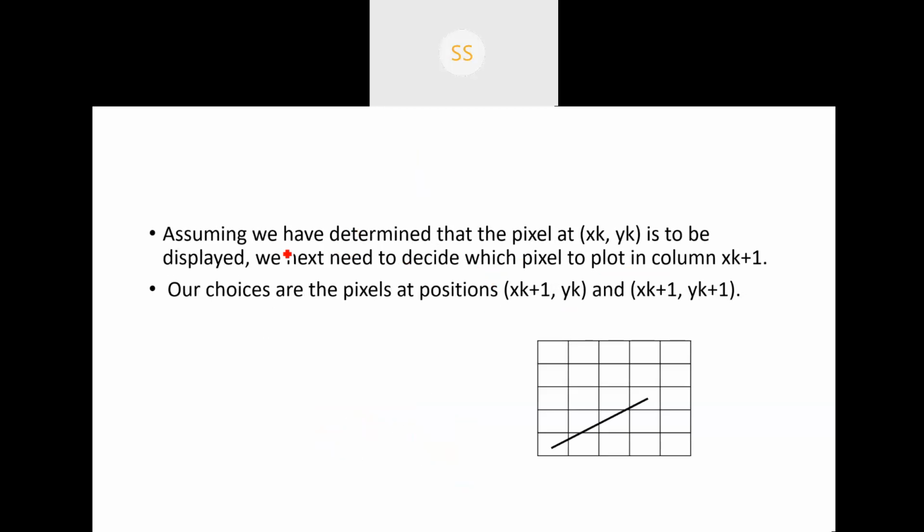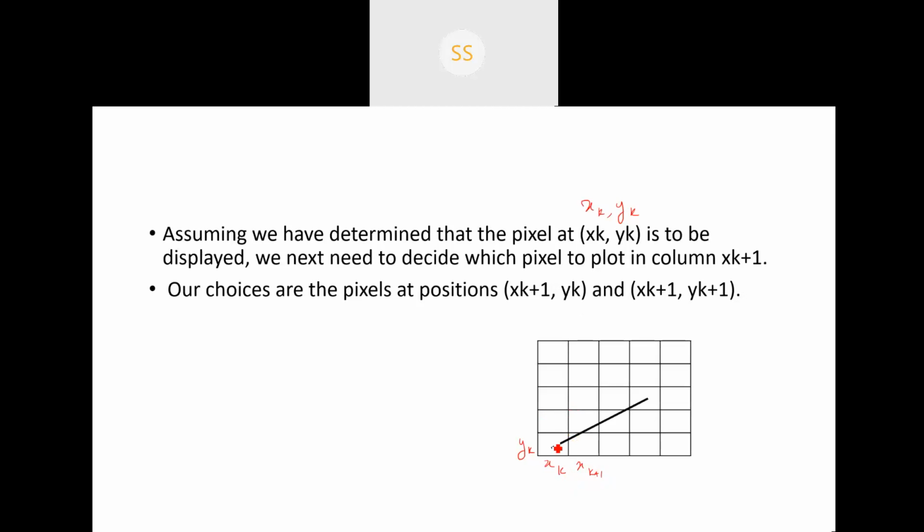We are giving a small example here, assuming that we have determined the pixel at position xk, yk is to be displayed. Next we have to decide which pixel to plot in the column xk plus 1. Earlier I had given discrete values like 10, 11, 12; instead of that, I am writing it in terms of k.